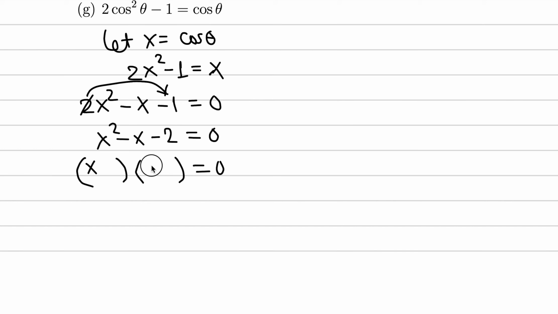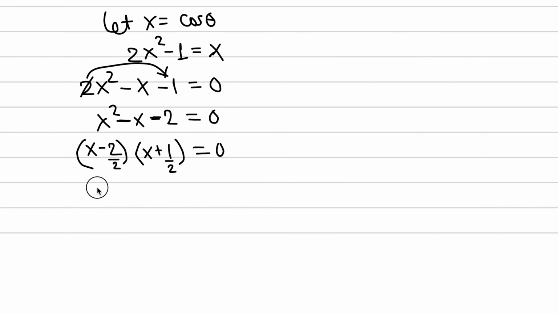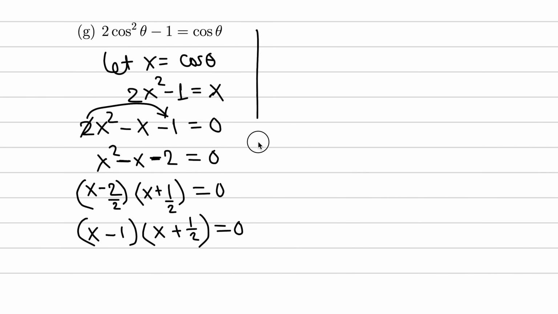Negative 2 means 2 times 1, but we have to get a negative in the middle, so the negative goes with the bigger number. Remember, we multiplied by 2, now we divide by 2. So this is x minus 1 and x plus 1/2 equals 0. This is not technically correct factoring, but solving works, or you can correctly factor it as well.